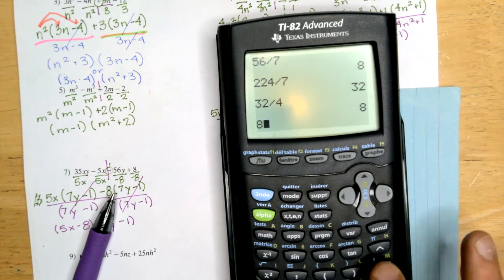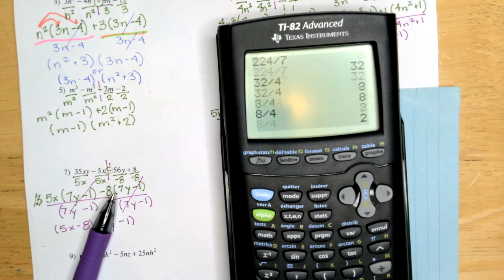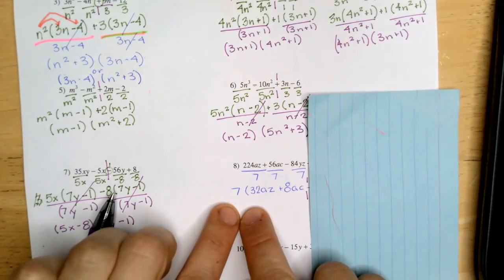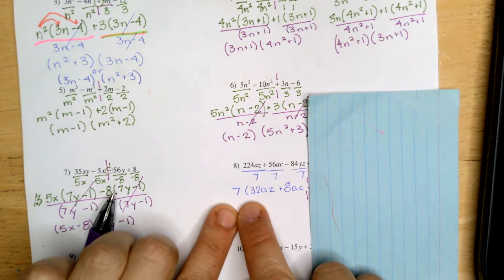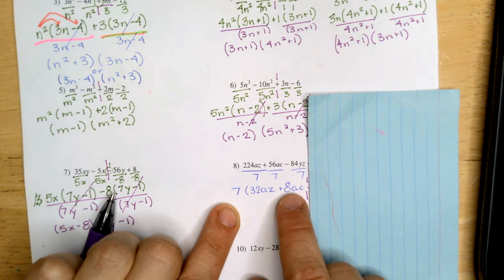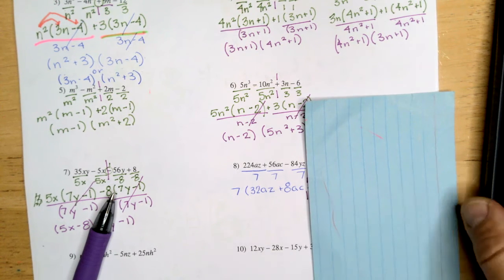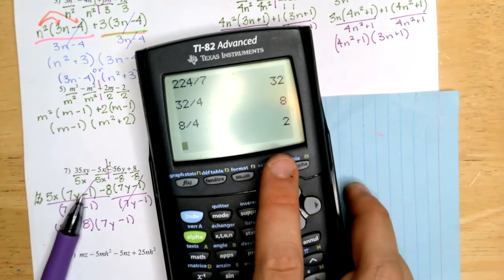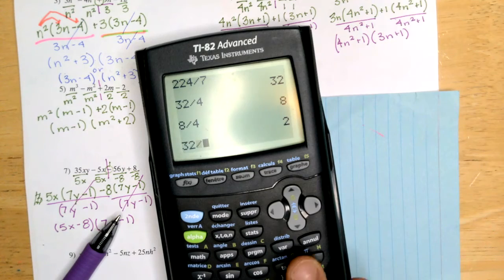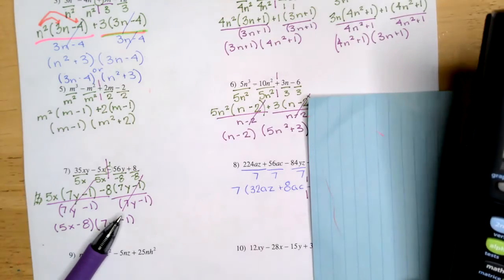I can. 8, can I divide it by 4? I can. So I could pull out a 4 here, and it would be 8AZ plus 2AC, right? However, if I can pull out a 4, I might be able to pull out an 8. 32 divided by 8 is 4, and then 8 divided by 8 is 1.